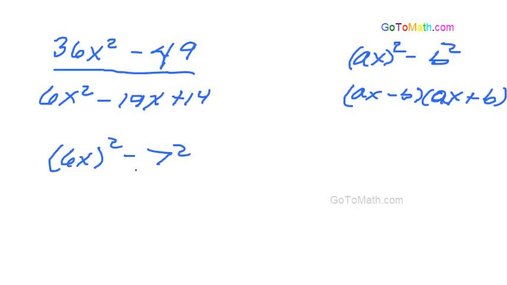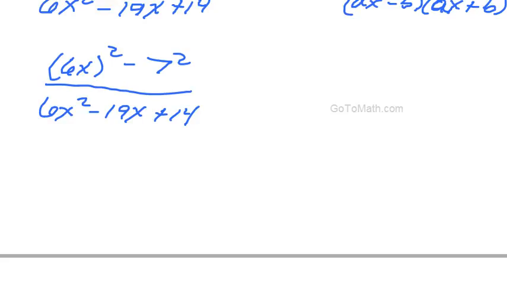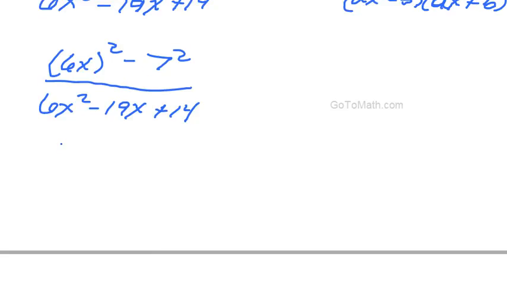So let's write the denominator here, 6x squared minus 19x plus 14. Up here in the numerator, we're going to end up with 6x minus 7 times 6x plus 7.